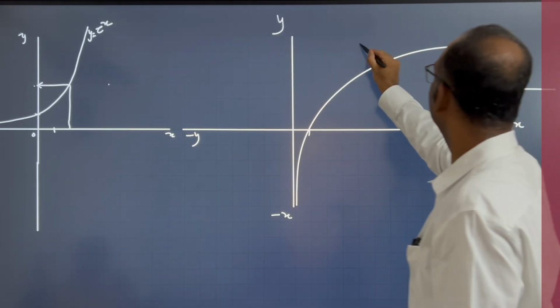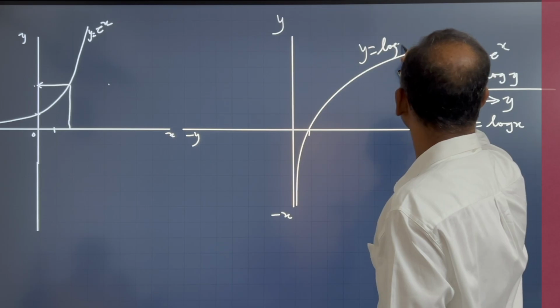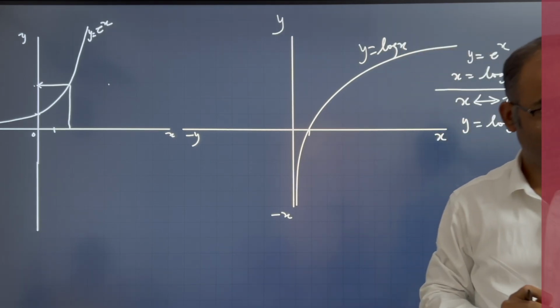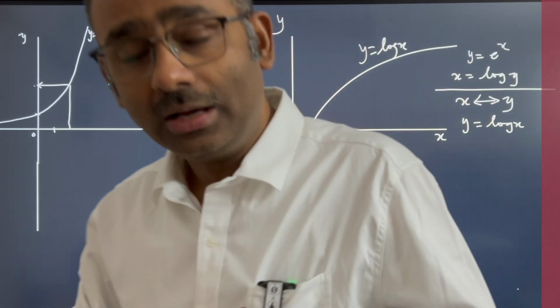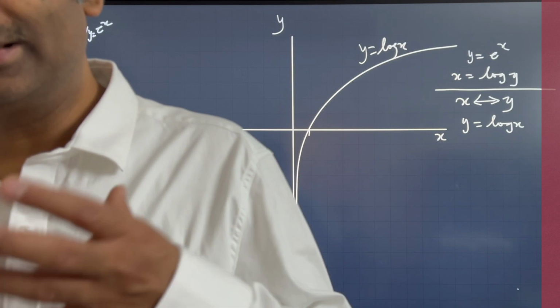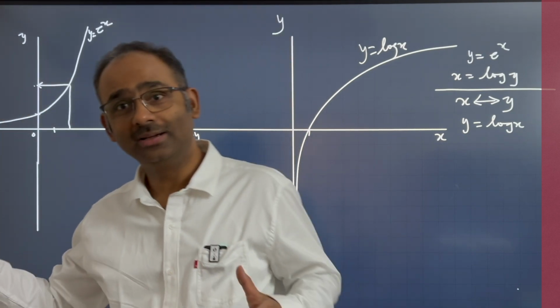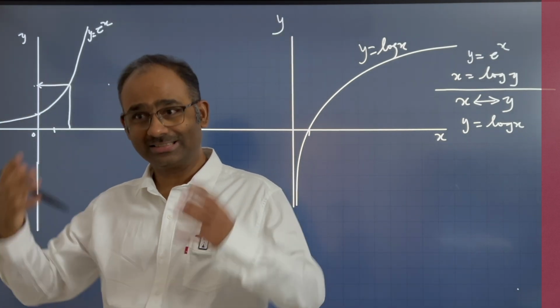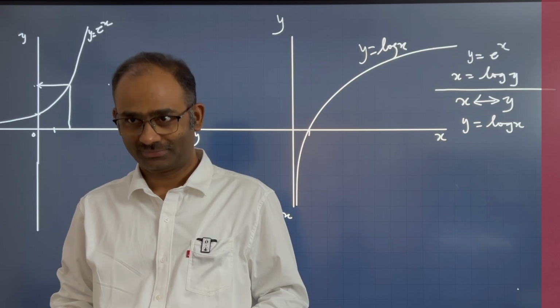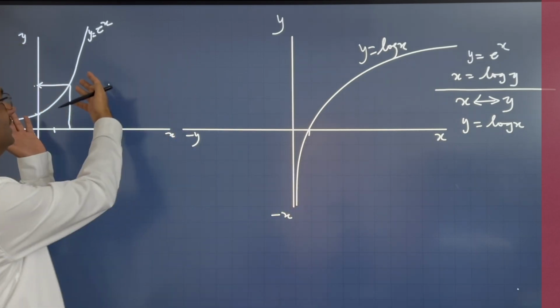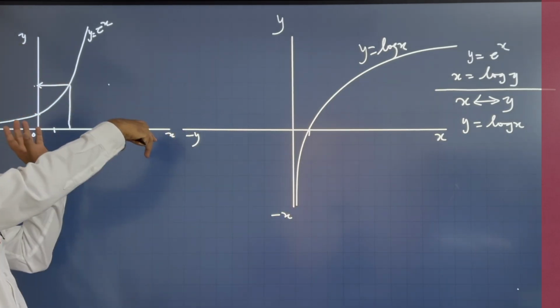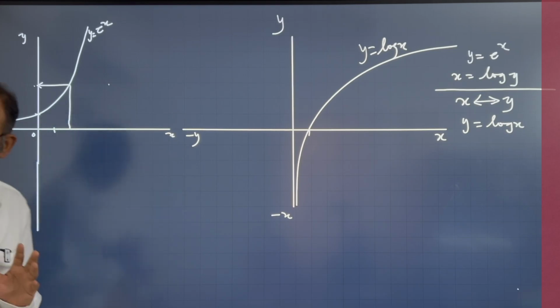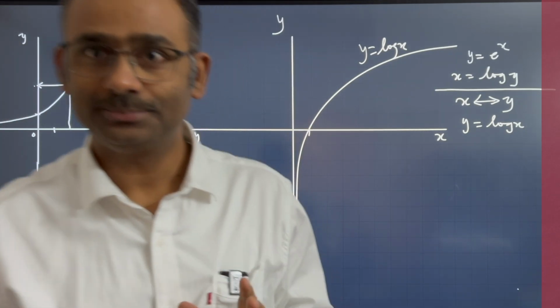That's the graph of y is equal to log x. Understand? Log of x does not have a different shape from e to the x. It's the same shape. What did I do? I took this and just drew it differently, I mean, changed the x and y axes. It's the same shape.